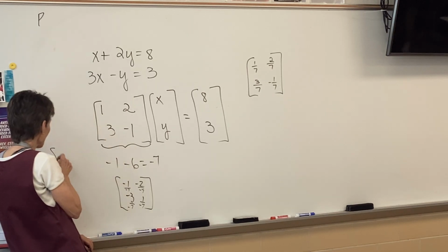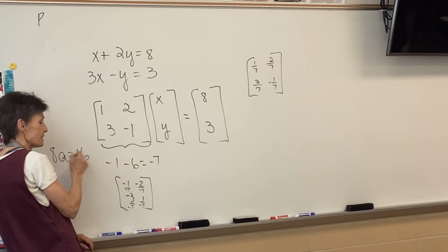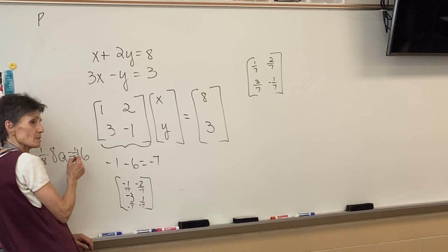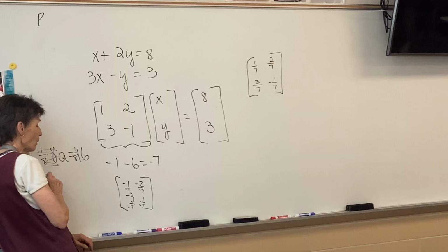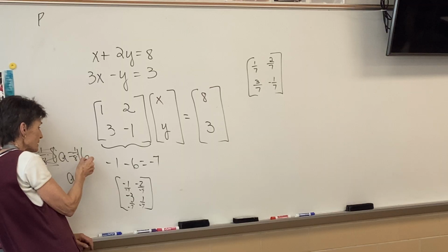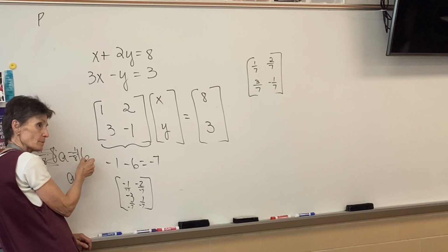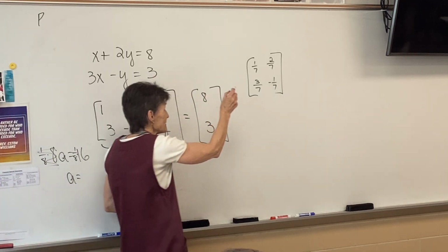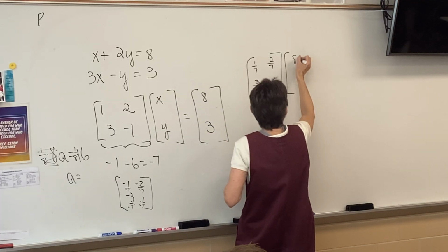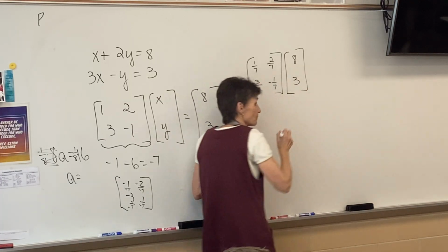Remember when I had my equation 8a equals 16? We multiplied by the inverse. That all went away, and so basically my answer is the inverse times the numbers. So take this matrix and multiply it by 8/3.